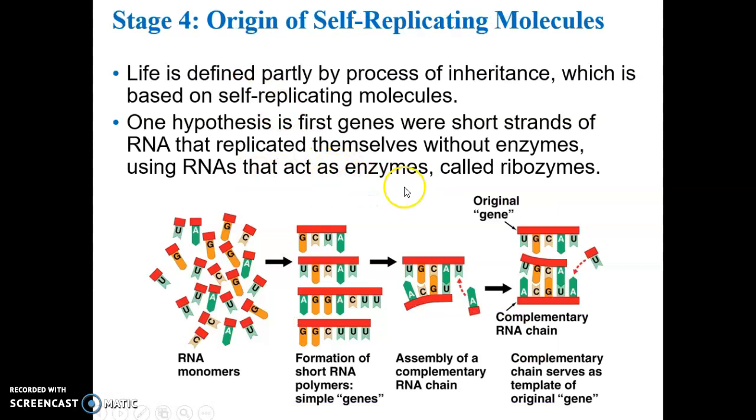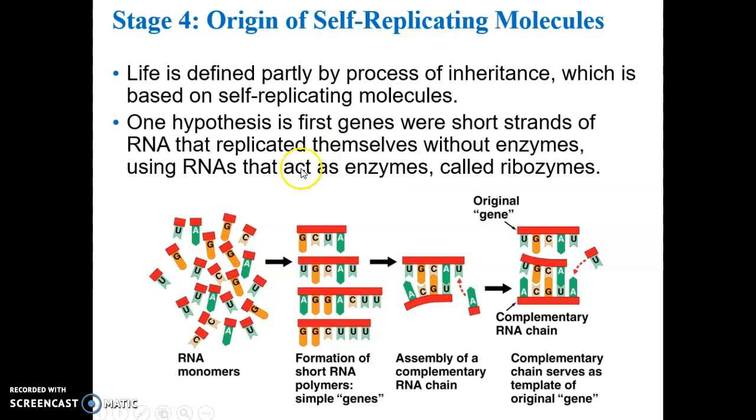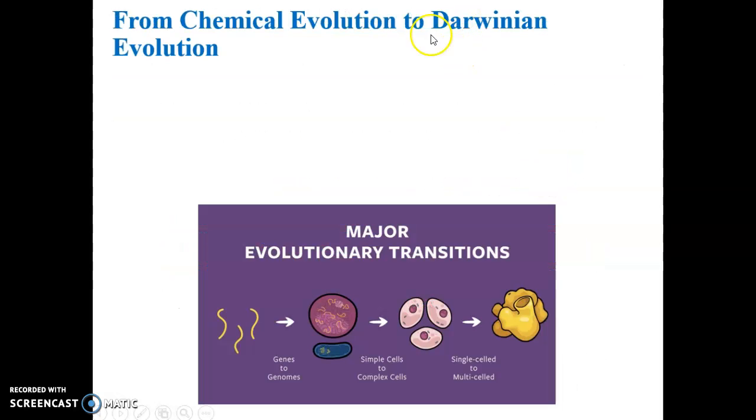So if that can occur, then there's most likely the ability of DNA to potentially self-assemble as well. And that's an area of active research. So from chemical evolution to Darwinian evolution. We've talked about the evolution of the biological molecules that are important for life. So what about the evolution of living organisms?